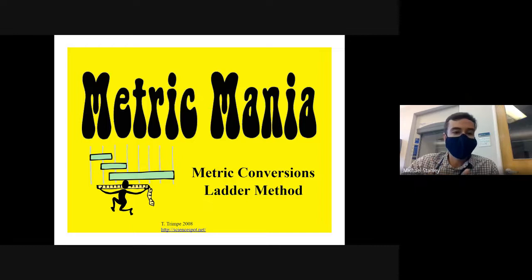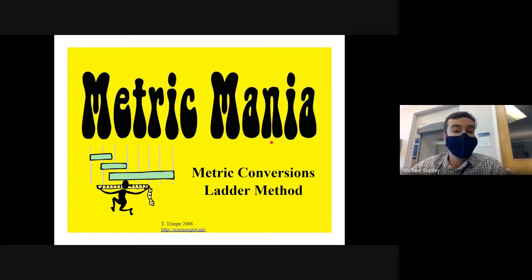So, like I was saying, one of the things that scientists really like about the metric system is it's easy to convert between the different sizes of units. So if I have meters, it's very easy for scientists to convert those to kilometers or to millimeters because it's all based on these factors of 10, tens, hundreds, thousands, which are very easy for us as humans to deal with.